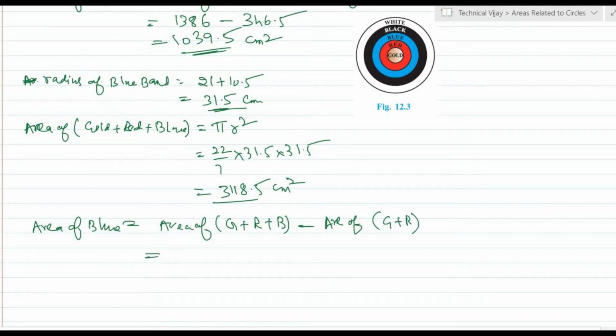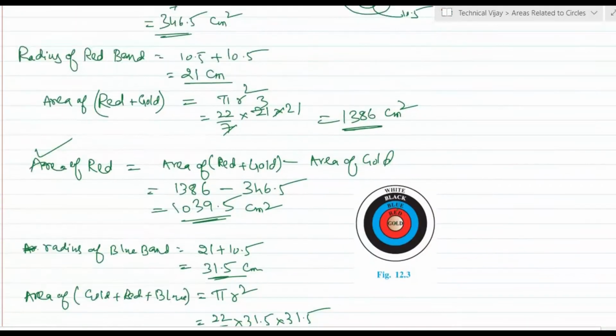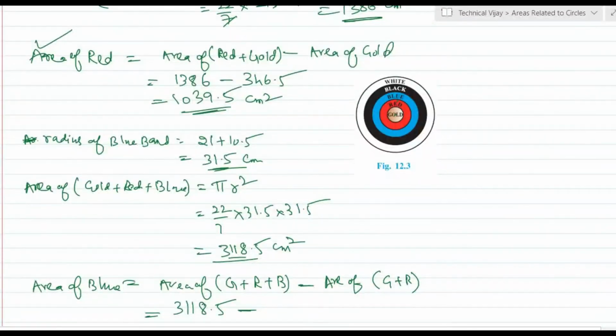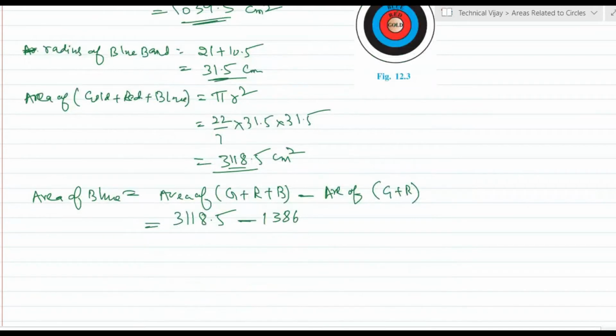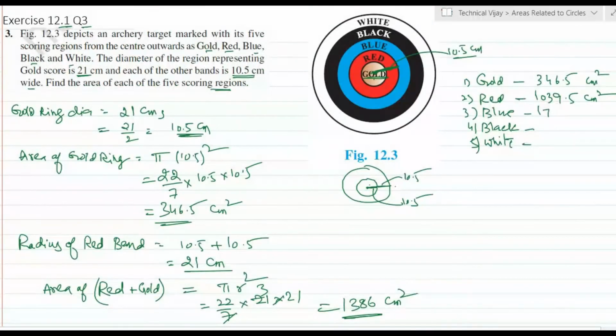The area of gold plus red plus blue is 3118.5, minus the area of gold plus red, which is 1386. So this is equal to 1732.5 square centimeter. So now we will go for black.